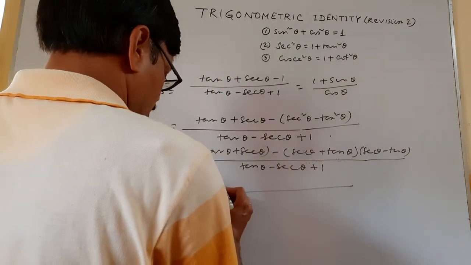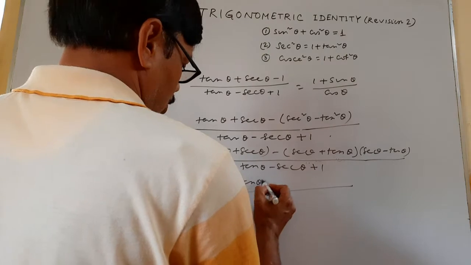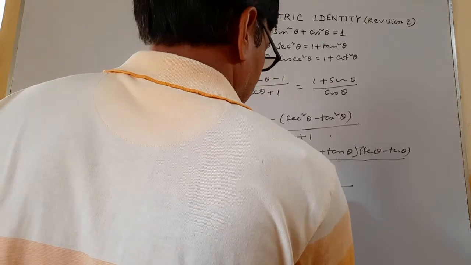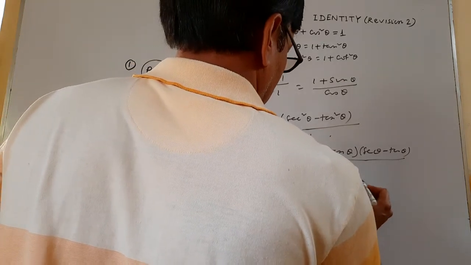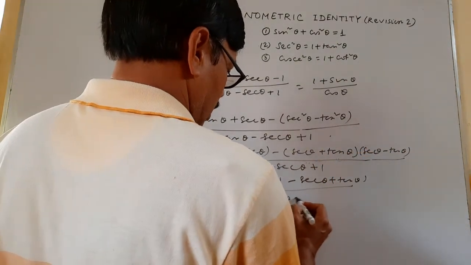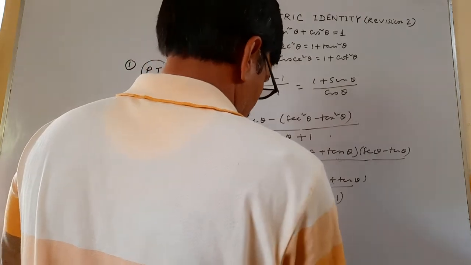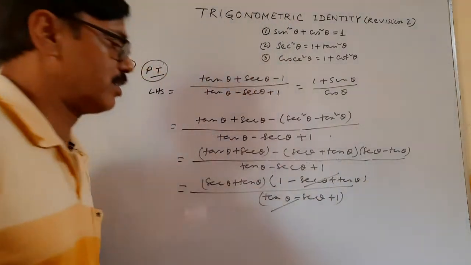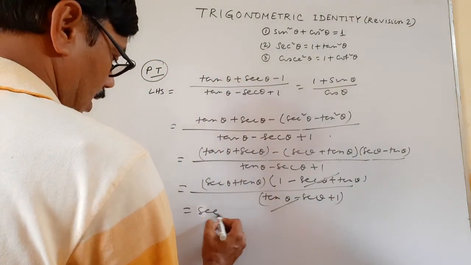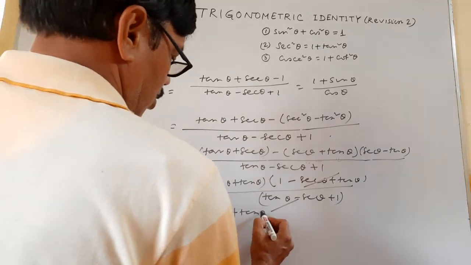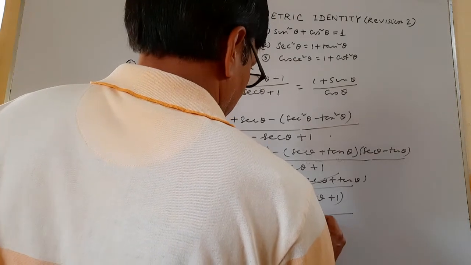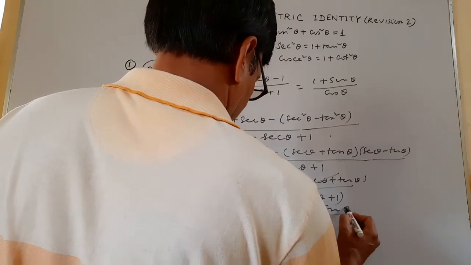So sec theta plus tan theta is common. What are we getting? We are getting sec theta plus tan theta times (1 minus sec theta plus tan theta) over tan theta minus sec theta plus 1. This is our main aim, to cancel the denominator. So what we are getting? Sec theta plus tan theta. Writing it in terms of sine and cos, with LCM cos theta, it is (1 plus sine theta) by cos theta.